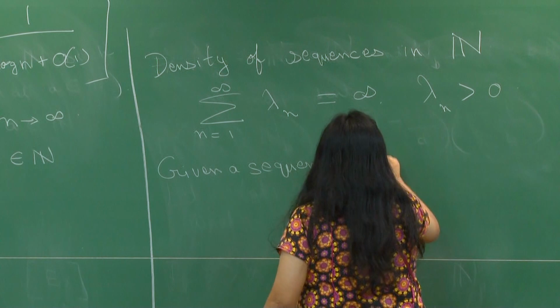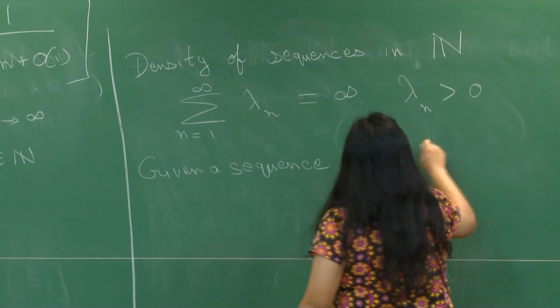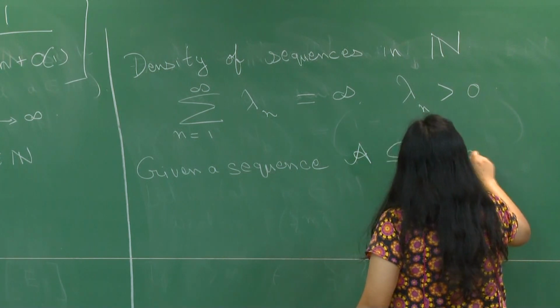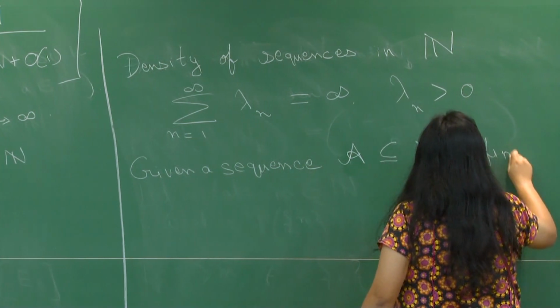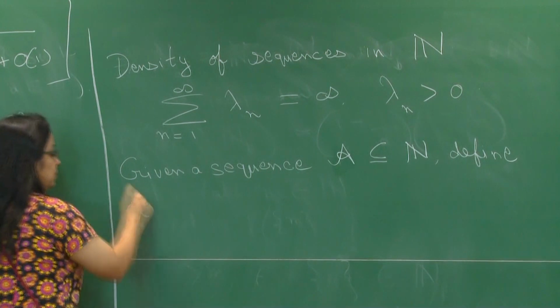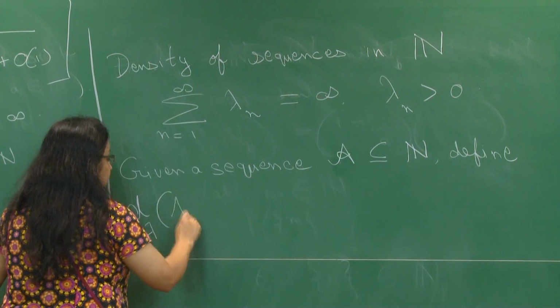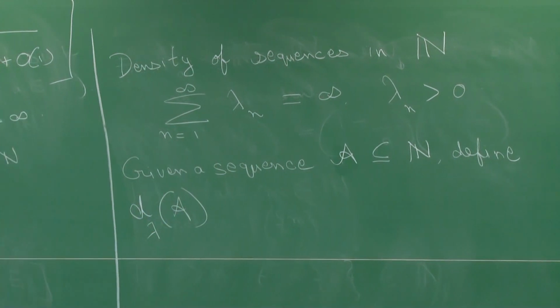So, given a sequence, let us call this A contained in N, define D sub lambda of A as follows.